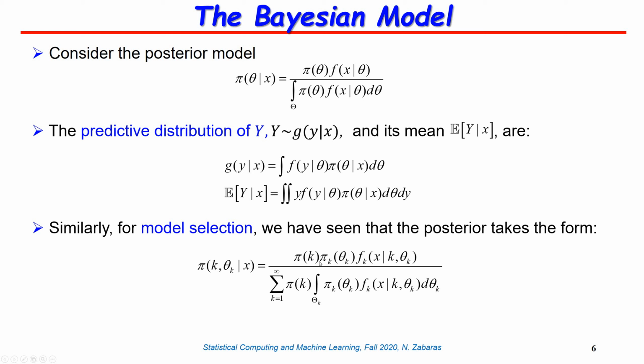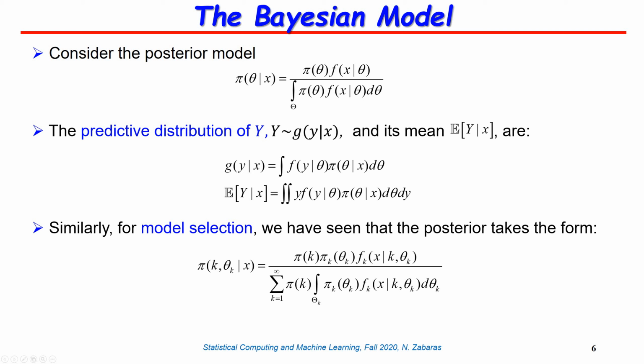So really the second term is the prior of theta given the model k, which I'm writing with subscript p_k of theta k. And that's the prior of model k. And then in the denominator you have this high dimensional integral that requires summation over models, but also for each model integration over the parameter space.